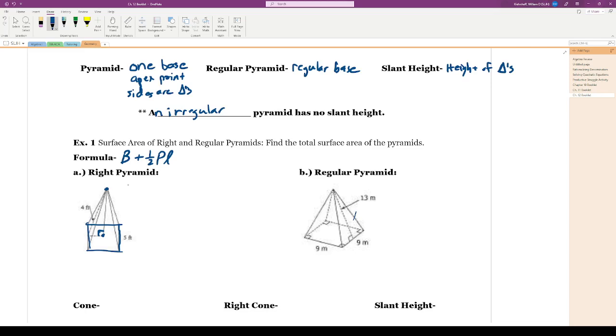Yeah, so right pyramid, we have a problem here where we're going to say the base is 5 by something. I assume this must be a square. But it doesn't say it's regular. How would we know? Wait, what? How are we going to solve this if we don't know how wide the pyramid is?